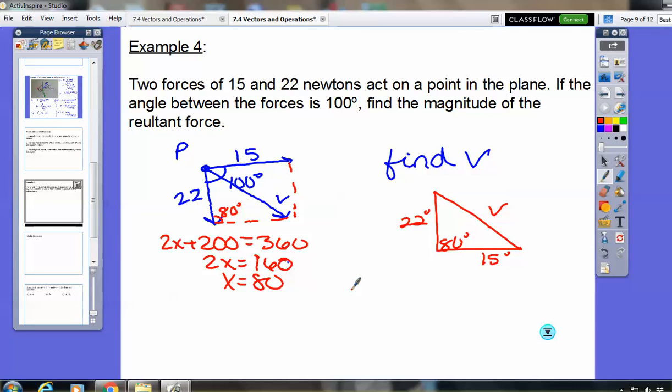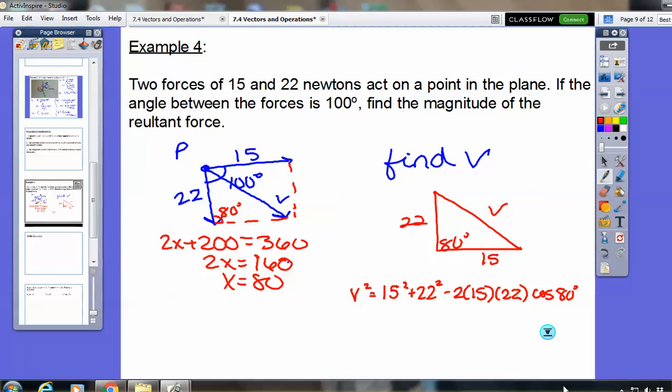Law of cosines. So b squared would be 15 squared plus 22 squared, minus 2 times 15 times 22 cosine of 80.